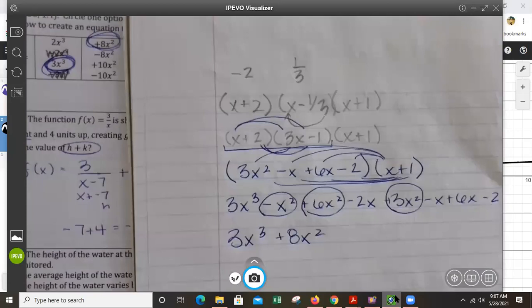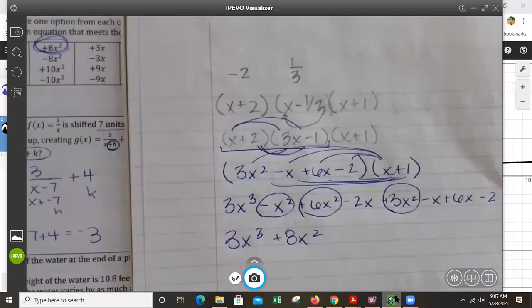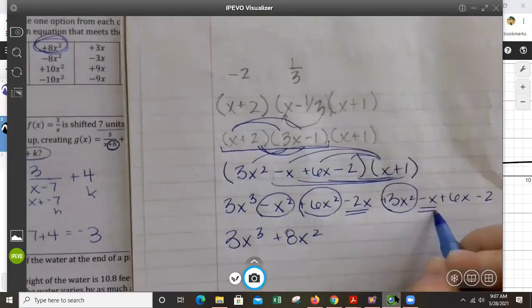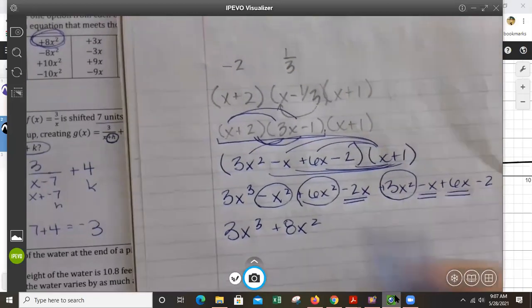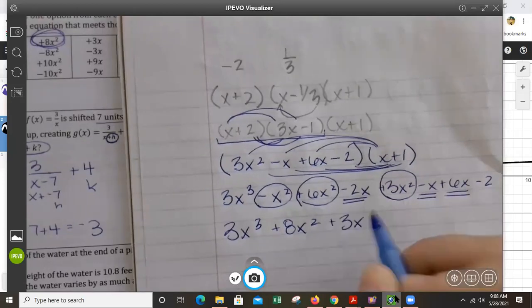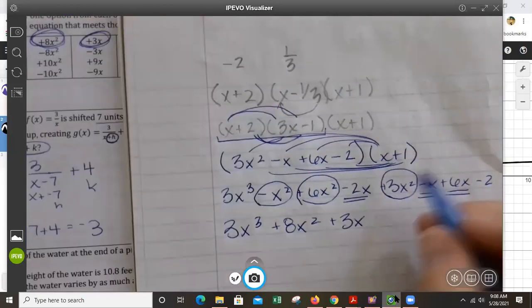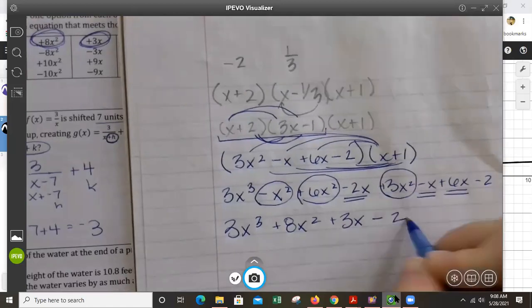We're going to keep moving on. We have a negative 2x minus x is negative 3x, plus 6 is a positive 3x. And then our last number is a negative 2.